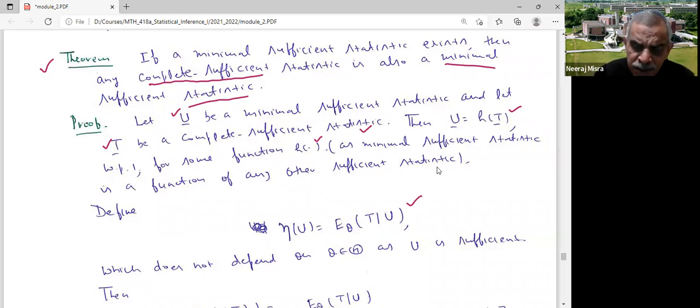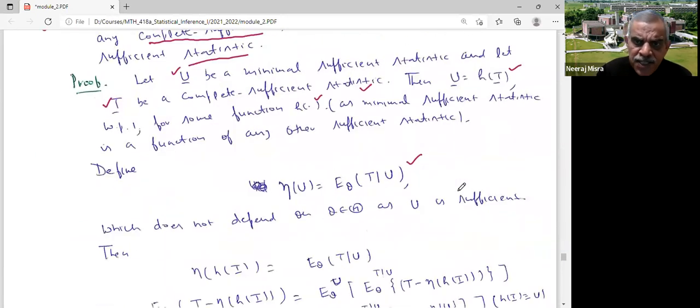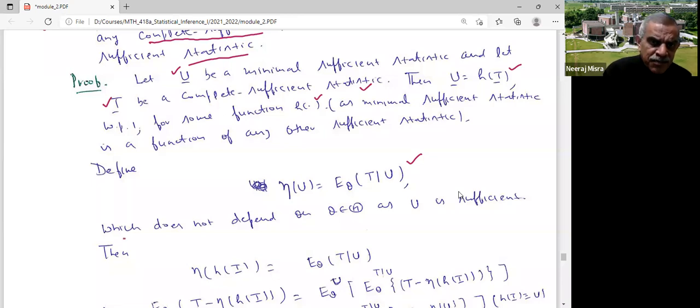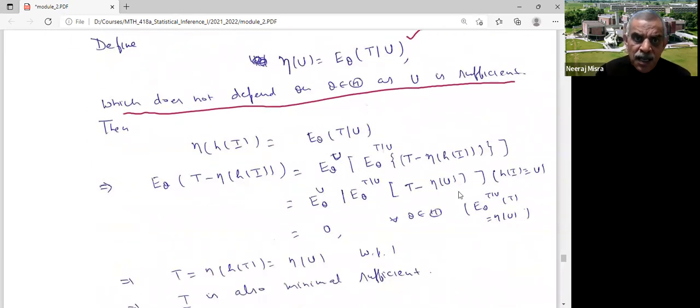First of all, note that U is sufficient. Since U is sufficient, the conditional distribution of X1, X2, ..., Xn given U will not depend on theta. So this expectation is not going to depend on theta, as U is sufficient. So eta of U is a proper statistic. Now I consider what is the expected value of eta of U. If you want to skip this proof, you can just see a very simple thing.